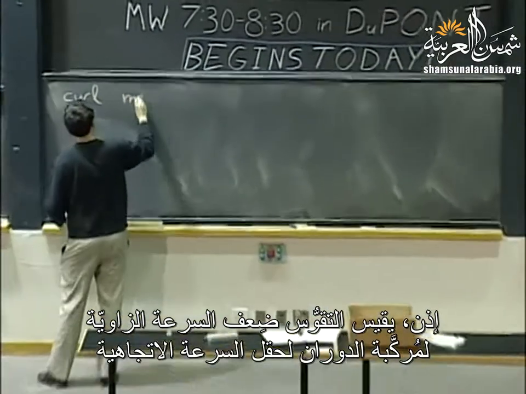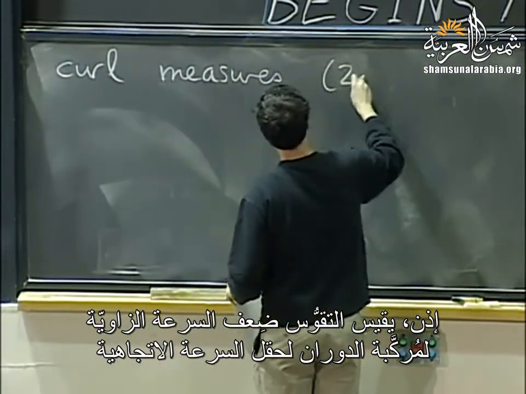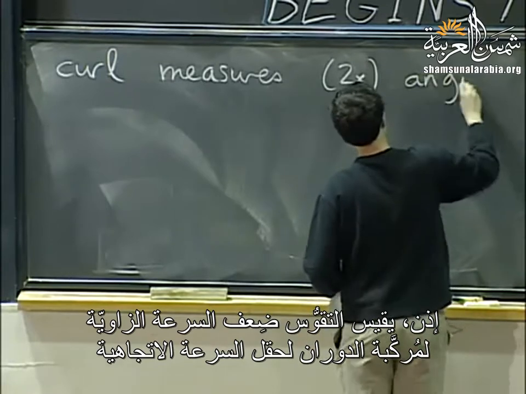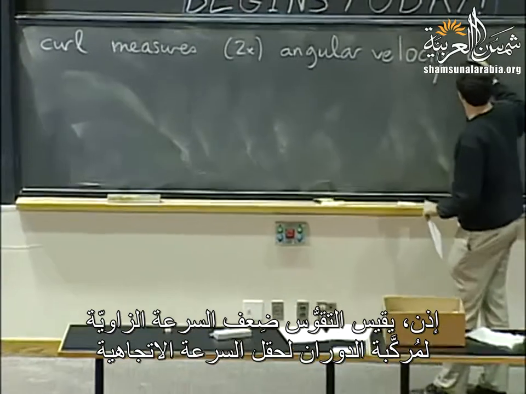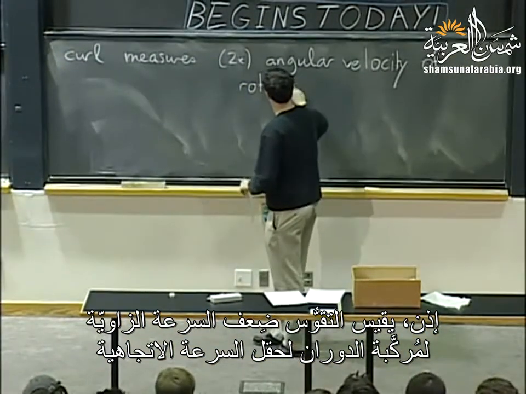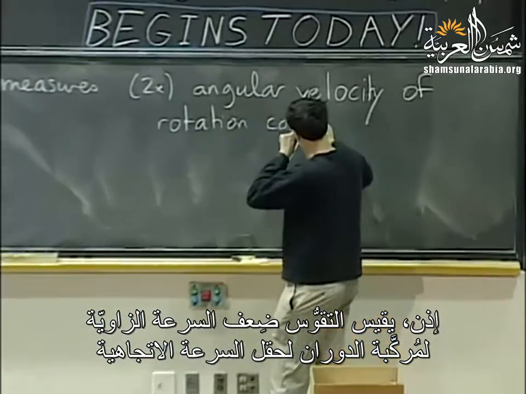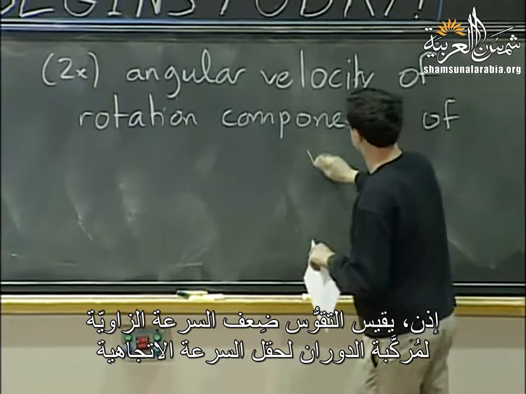Okay, so curl measures twice the angular velocity of the rotation component of the velocity field.